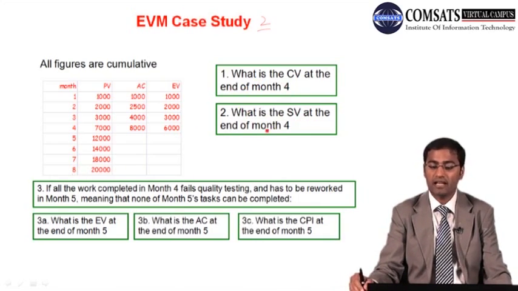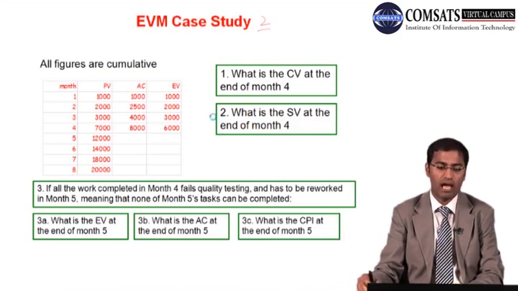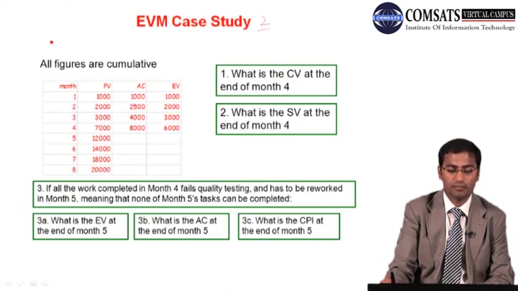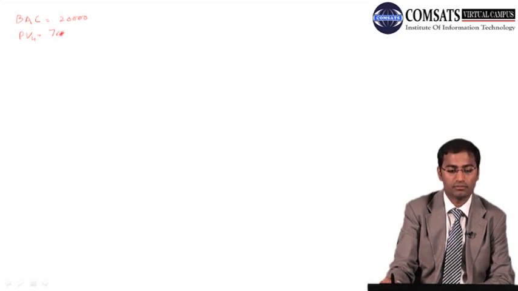What is the SV at the end of month 4? So we want to have again the same data, and that is BAC is 20,000. And after month 4, PV4, the plan value, is 7,000.